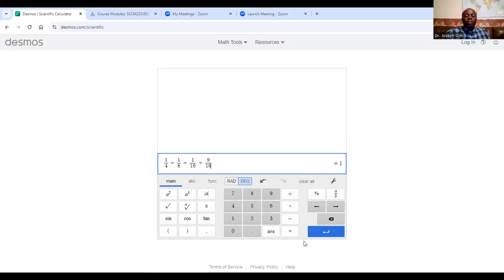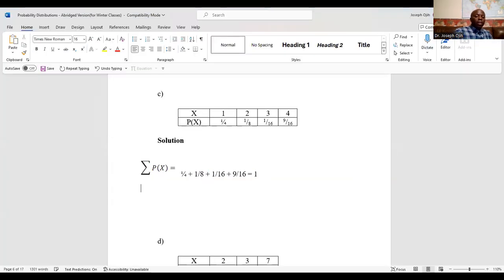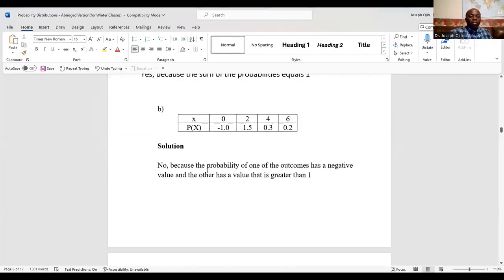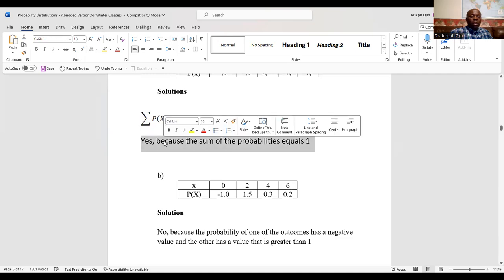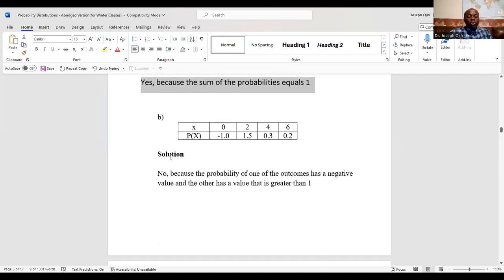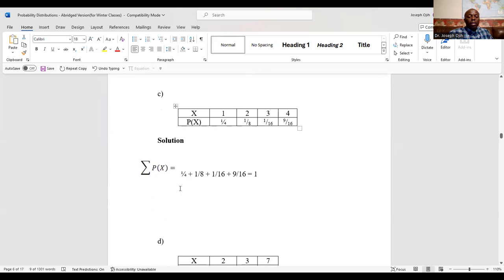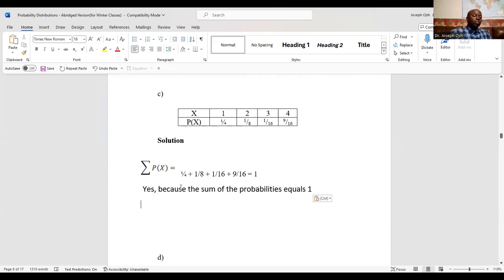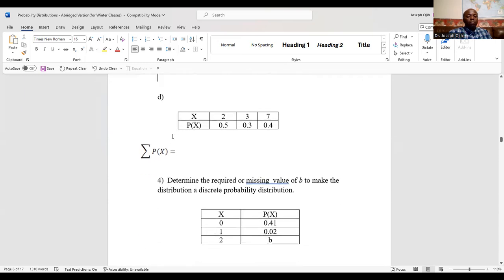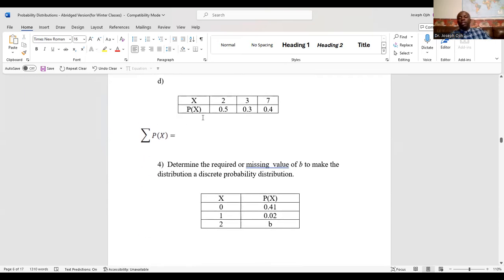This is 1. See? The answer is 1. So the answer becomes just like the other one. I'll say yes, because the sum of the probabilities equals 1. Says yes. How about this one? Is this a probability distribution?